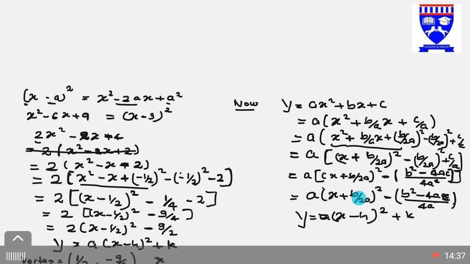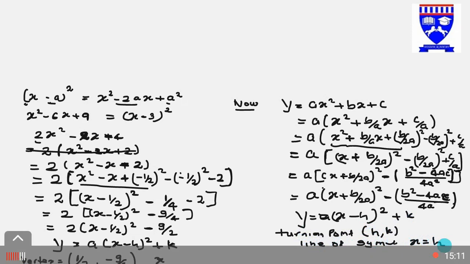So now if you have a format like this, the turning point or vertex is h comma k, and the line of symmetry is x is equal to h.